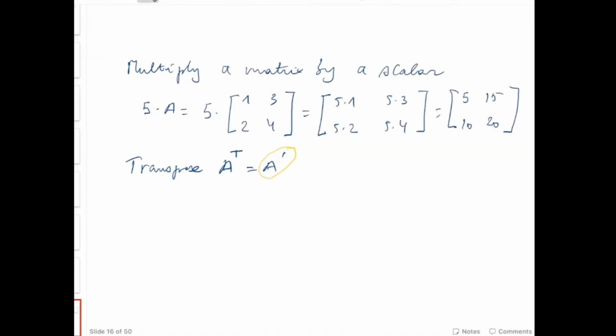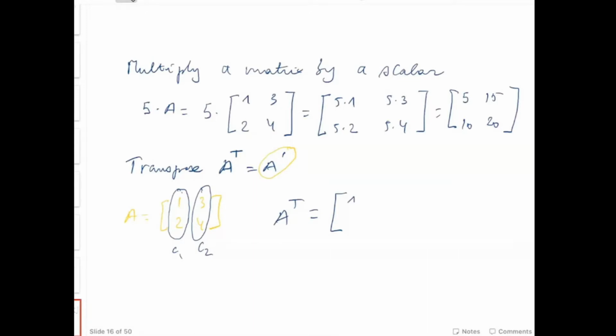So for our matrix A equal to 1, 2, 3, 4, we define A transpose as follows: we have column 1 and column 2, and these will become row 1 and row 2.